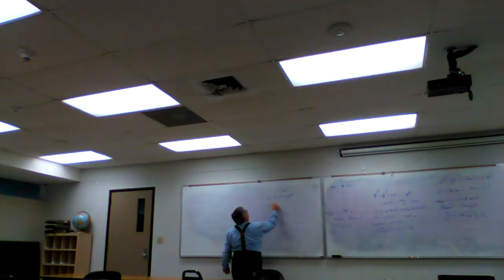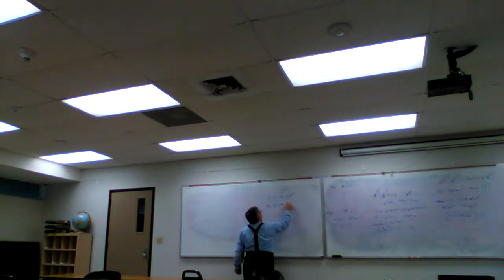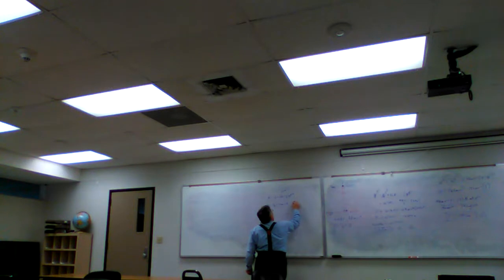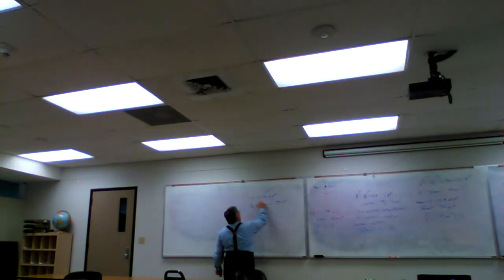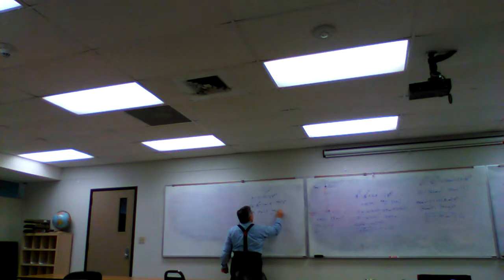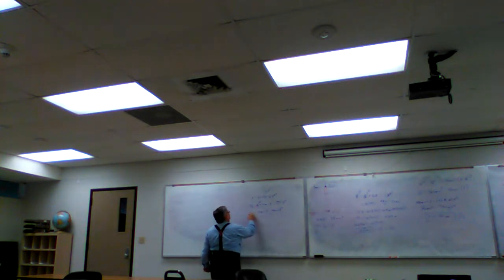Okay, 13 meters equals y naught plus 24 meters per second times t minus 9.8 meters per second squared divided by 2 times t squared. 9.8 divided by 2 is 4.9, and we know y naught is 0, so we end up with 24 meters per second times t minus 4.9 meters per second squared times t squared, and that's all equal to 13 meters.